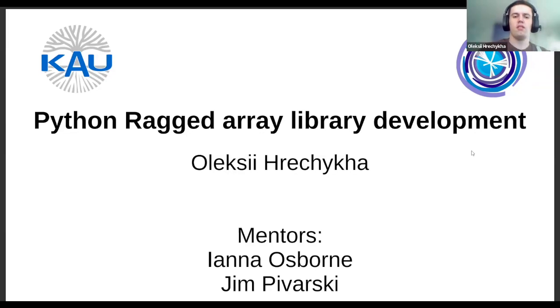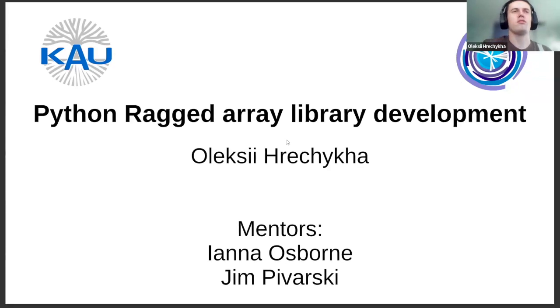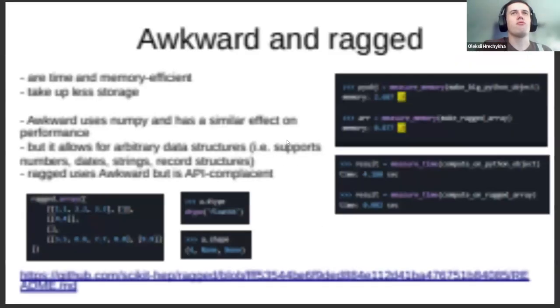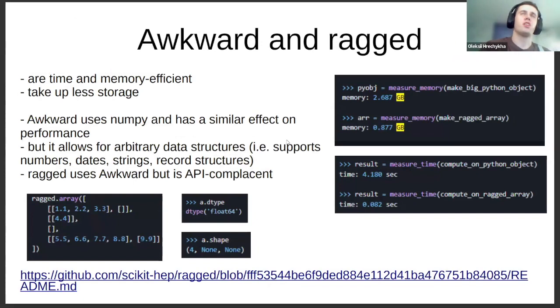And one of such problems in high energy physics specifically is working with ragged arrays, which are arrays of different lengths, which arise when a specific particle does not have the same amount of data from an experiment as another particle we may be comparing it to.